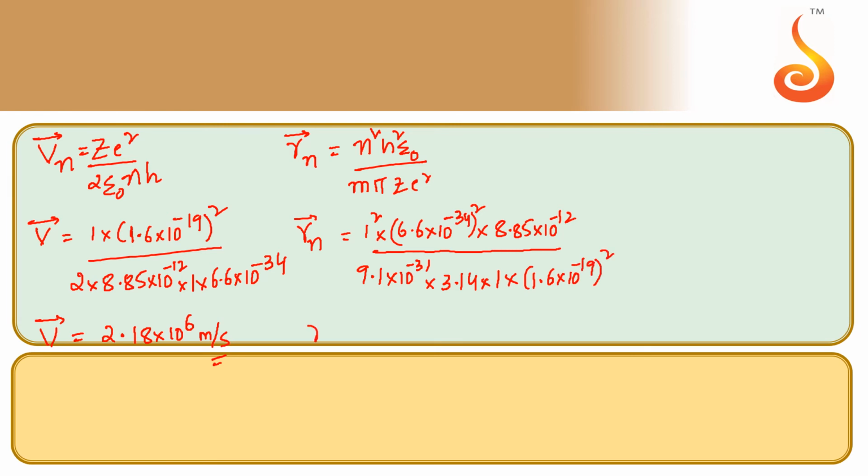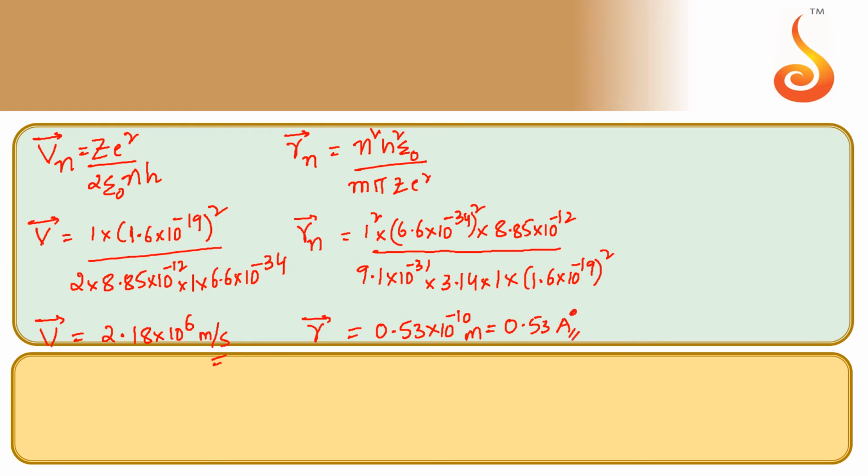By simplifying, radius of an electron in the ground state, we will get it as 0.53 into 10 power minus 10 meters or 0.53 angstroms.